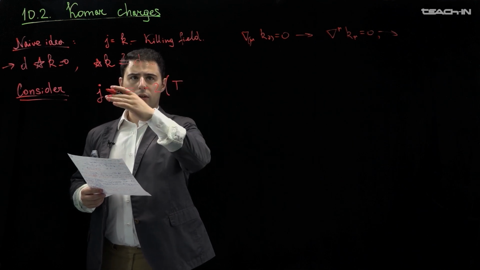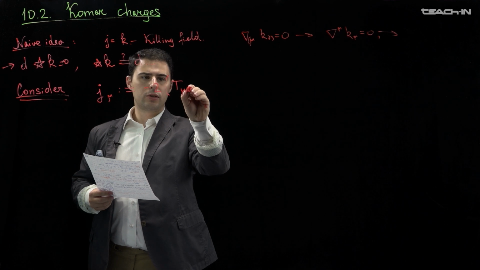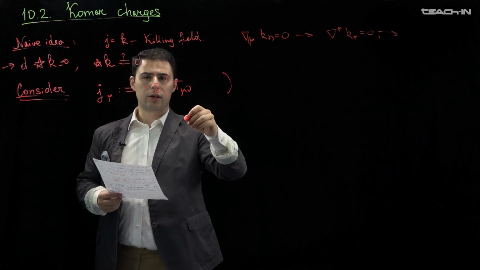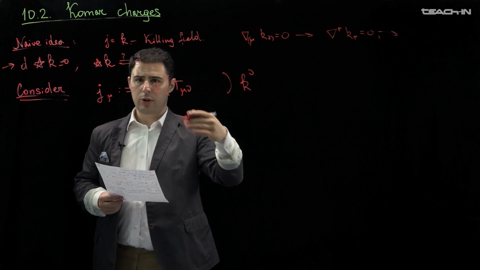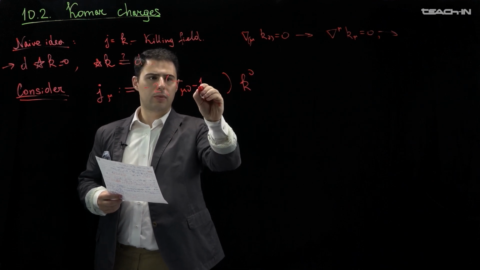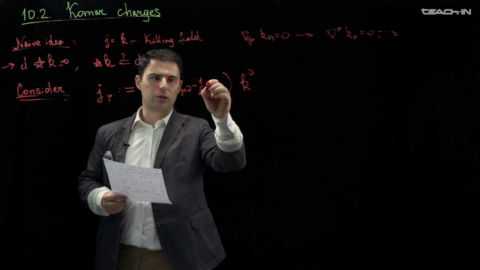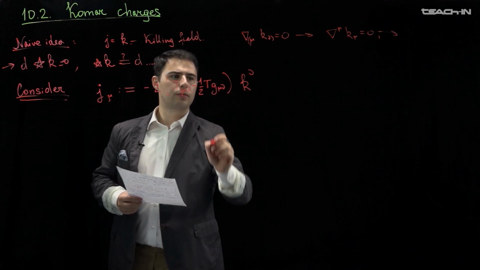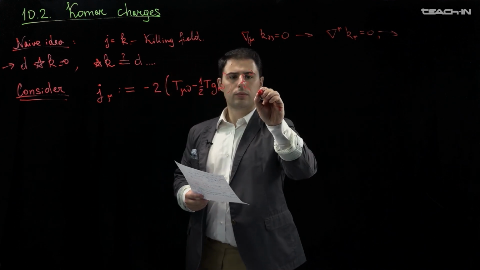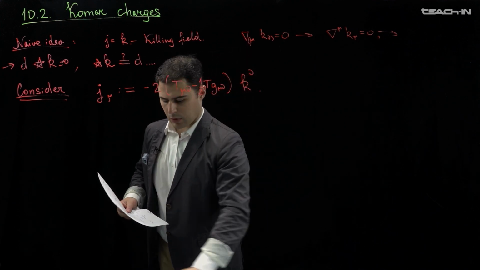So let us construct the conserved current as the contraction of the Killing field K^nu with the stress-energy tensor.